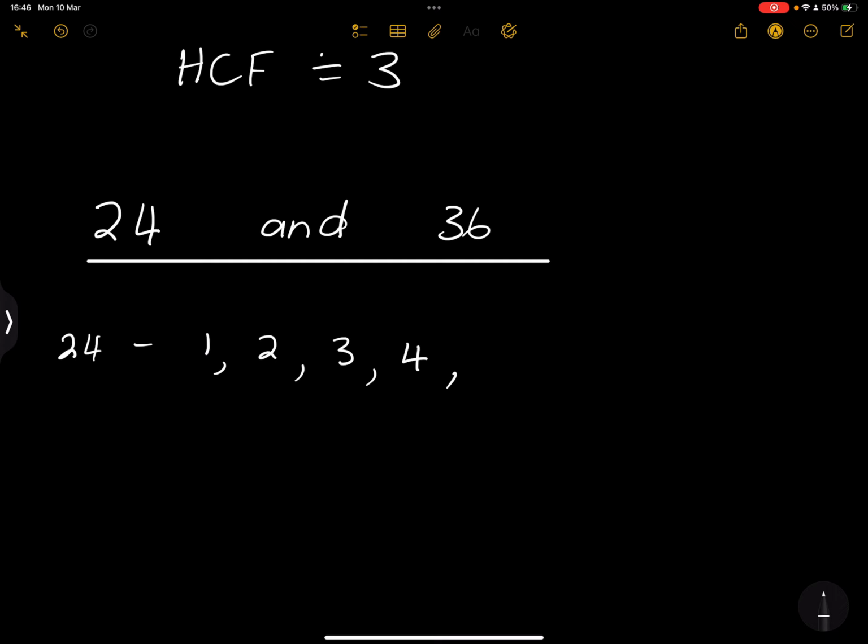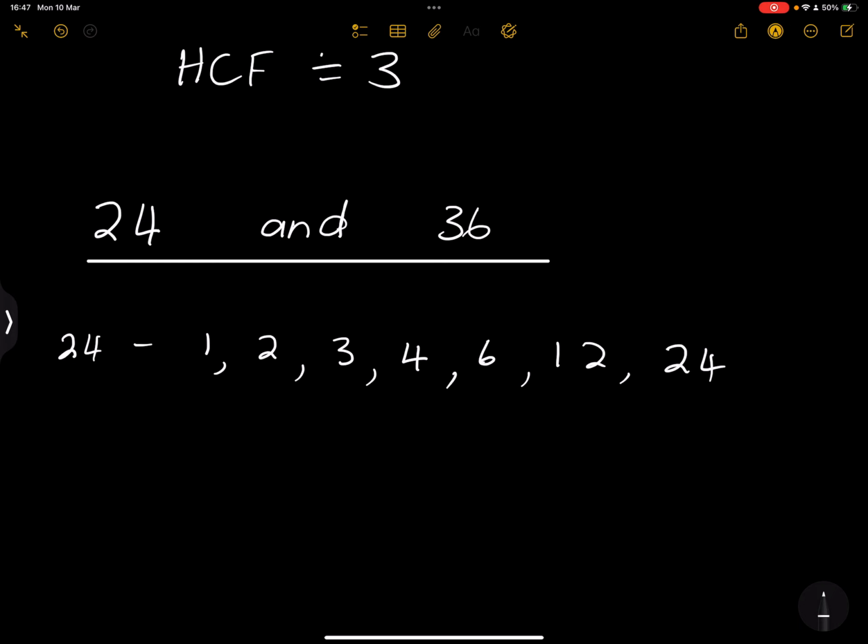So note, in ascending order, that's going to be 6, okay? That's going to be 12, right? In fact, before 12 in this case, we've got 12 and we've got 24. Right, so those are our factors, okay?